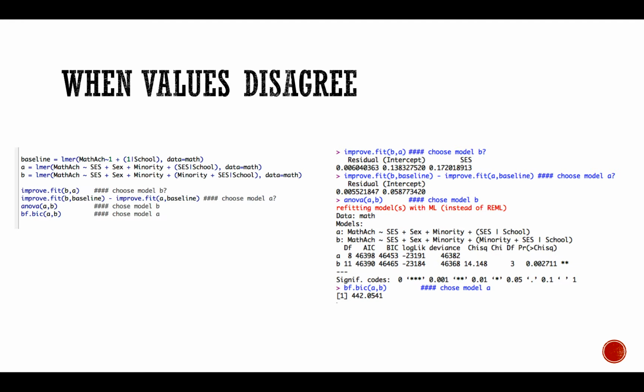And so in the first code, we are comparing A versus B and saying, all right, does adding minority as a random effect improve the fit enough beyond the baseline model, which in this case has 3 fixed effects and 1 random effect? And what that tells you is you're explaining 0.6 of the variance in deviations from the lines.